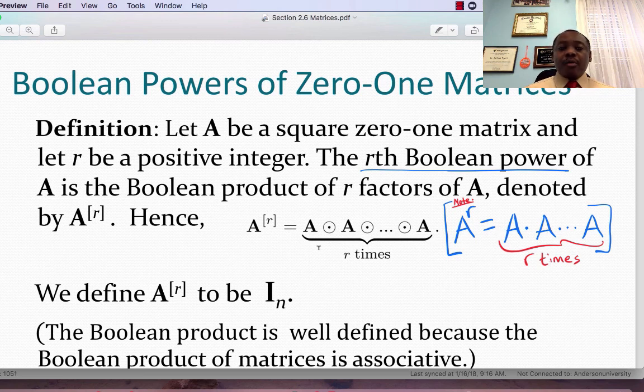For Boolean powers, we would use A raised to the power R, but our R is going to be in square brackets. That's the rth Boolean power of the matrix A. And that will be A Boolean product A, Boolean product A, dot, dot, dot, Boolean product A, R times. Wow, that sounds like a lot of multiplications. Actually, it's not. It's beautiful.